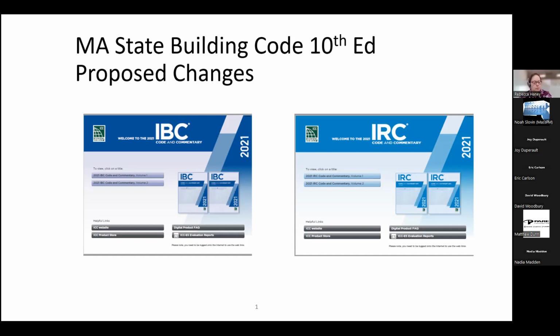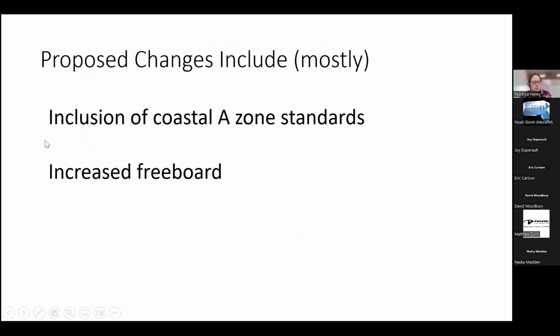The 10th edition will be based on the 2021 I-Code series, as you can see on this page. And like I said, big changes: inclusion of coastal A zone standards, and the other big change, increased freeboard. Again, proposed changes, not yet approved. I'm probably going to say that a few times just in case somebody tunes in late and thinks we're talking about changes that have happened.